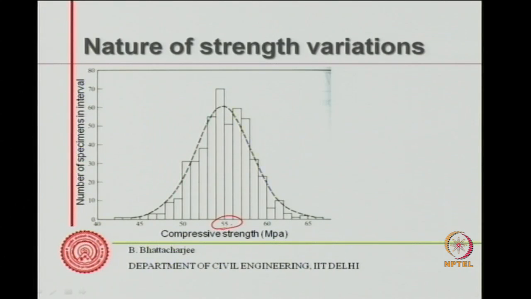This would be valid for any other mean strength also. I'll find that if I test a large number of cubes and plot a frequency diagram like this, a good lot of the majority will show strength close to what I have conceived as the mean, but possibly 50% of the strength would be lower than that, and 50% of the strength would be higher than that.